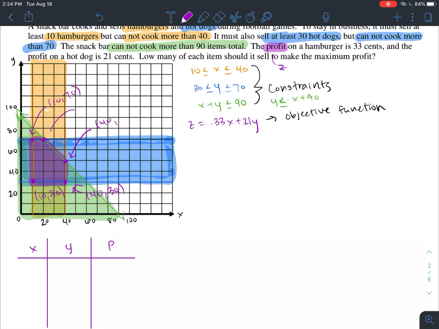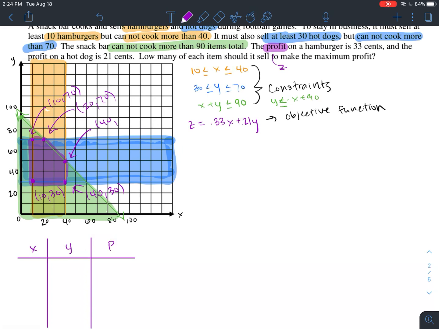And this one right here is also one that we need to find. So let's go ahead and solve for those points. We do know that at this point x is 40, and at this point x is 20. We can see the intersection is at 20 and 70. And then we just need to solve for that one right there.